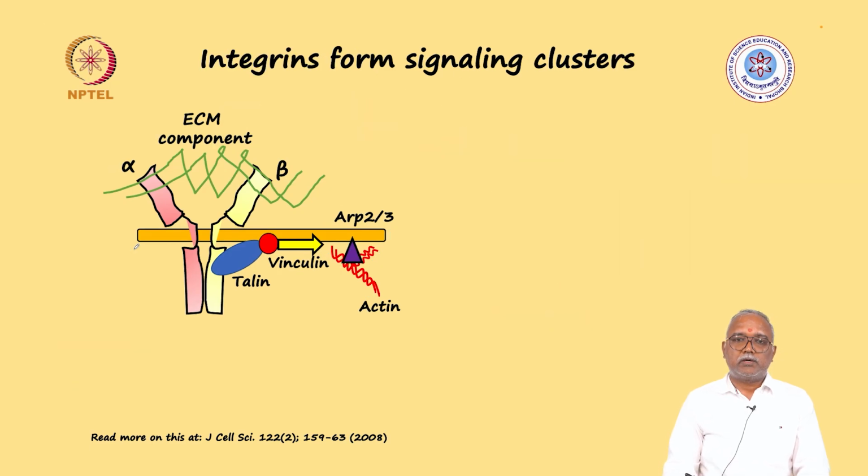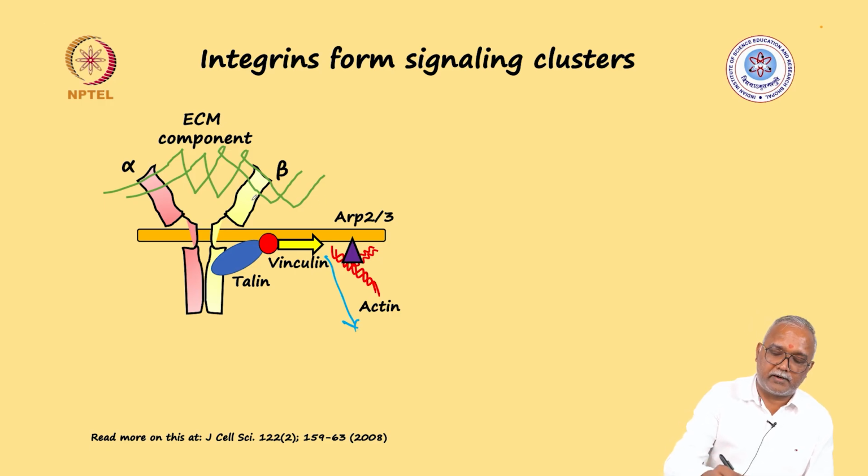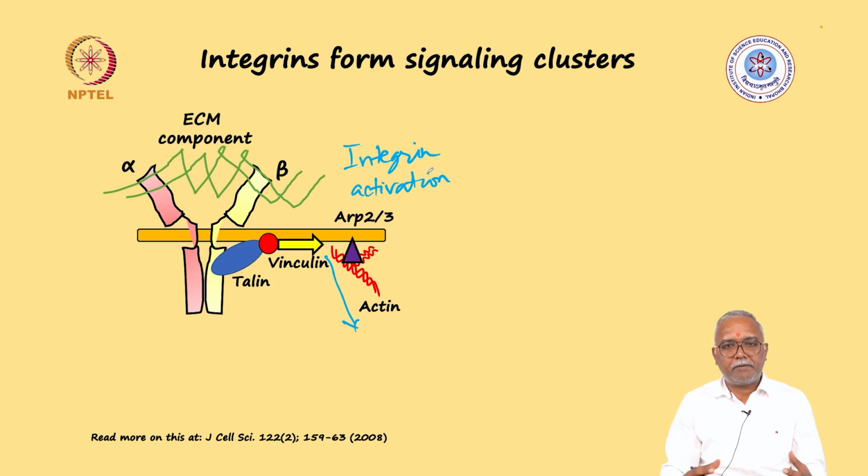Now when it comes to signaling and perpetuation of the signal which has been received at the cell surface, what we know is that this actin-dependent anchorage of the cell to the extracellular matrix with the help of integrin activation can involve multiple different types of molecules. I told you, if you look at the intracellular compartment near an activated integrin receptor, it would look like a circus of things because there is no specific set of activations.